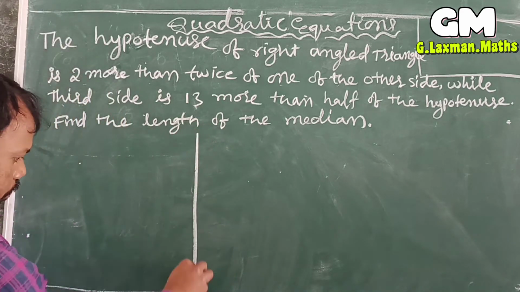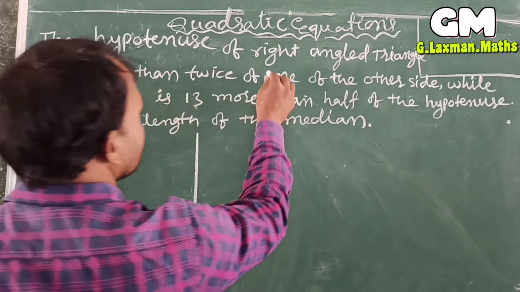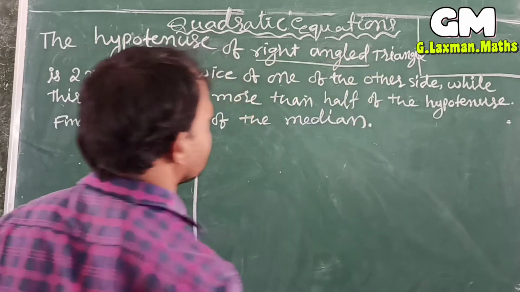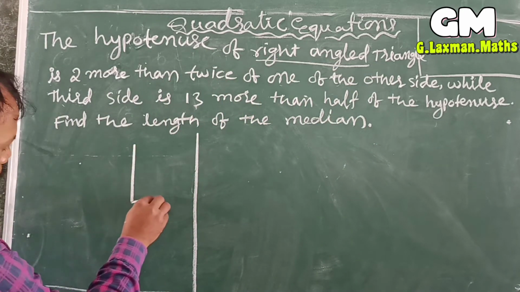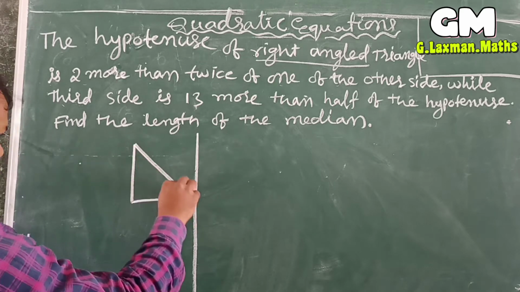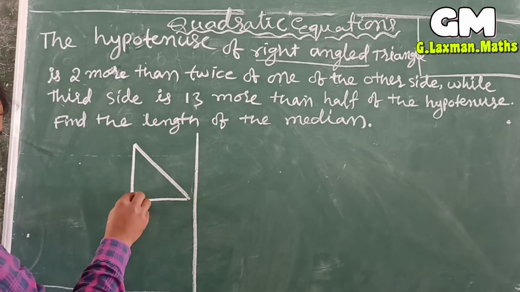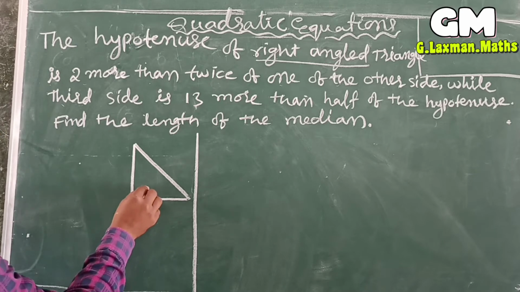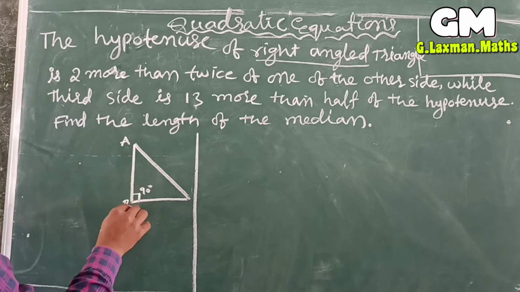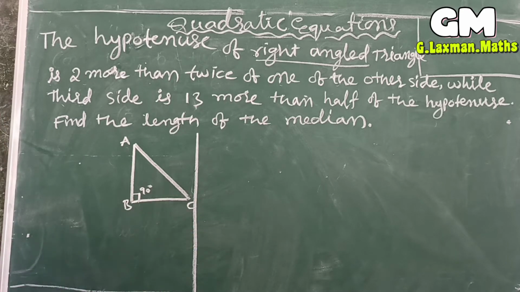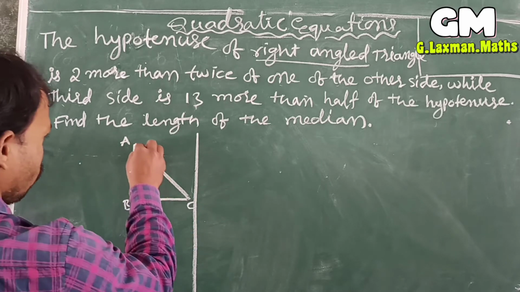First, he is asking about a right angled triangle. So first draw a right angled triangle. This is a right angled triangle. The right angle is here at 90 degrees. So ABC is a right angled triangle, and this is called the hypotenuse.